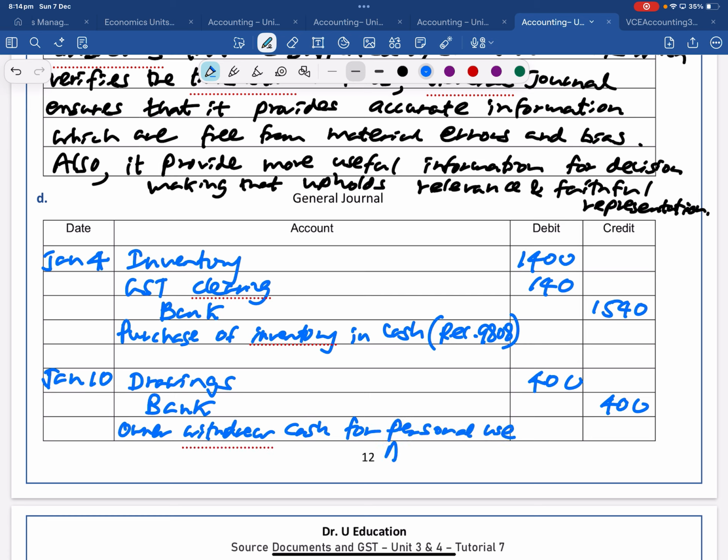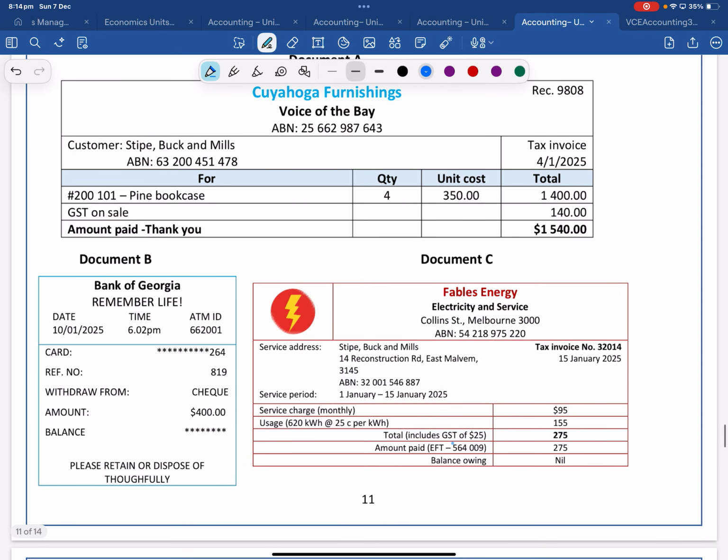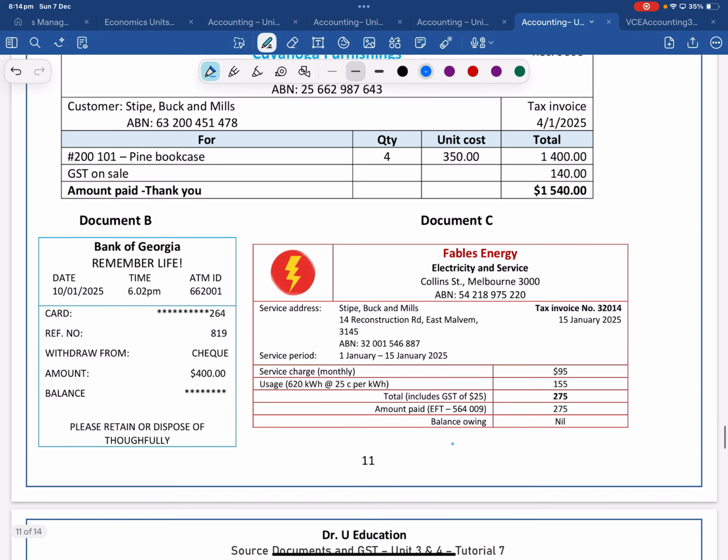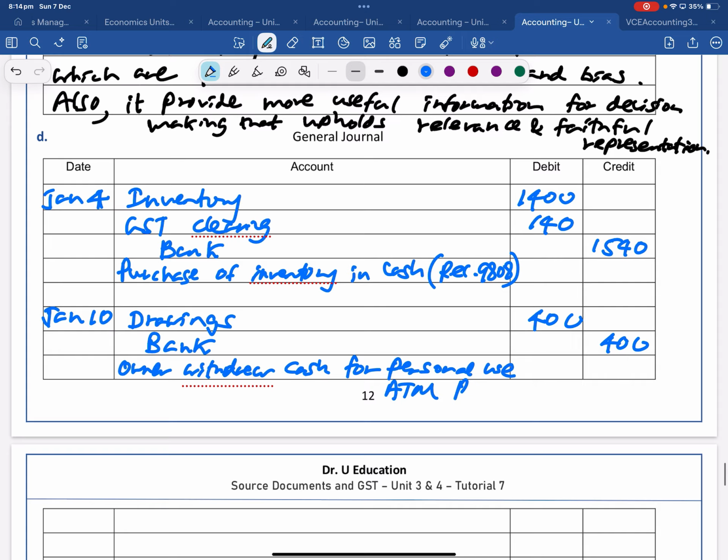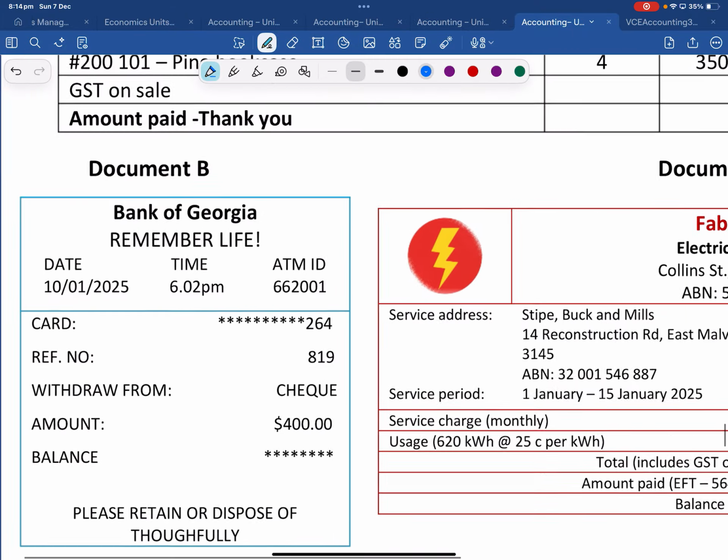Then ATM. What is it? ATM docket. ATM reference number 819. Wait, how do you know who's drawing the money? That's a good question.